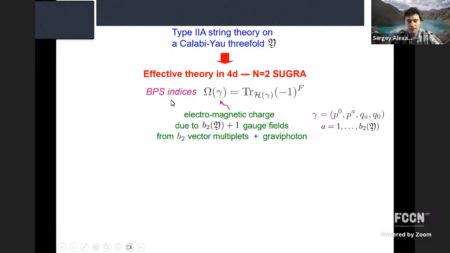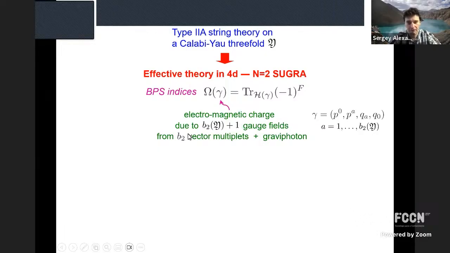And in this theory, we can define BPS indices, which count BPS states with a given electromagnetic charge. This charge has 2b2+2 components, where b2 is the second Betti number of the Calabi-Yau, just because we have b2+1 gauge fields in this theory.